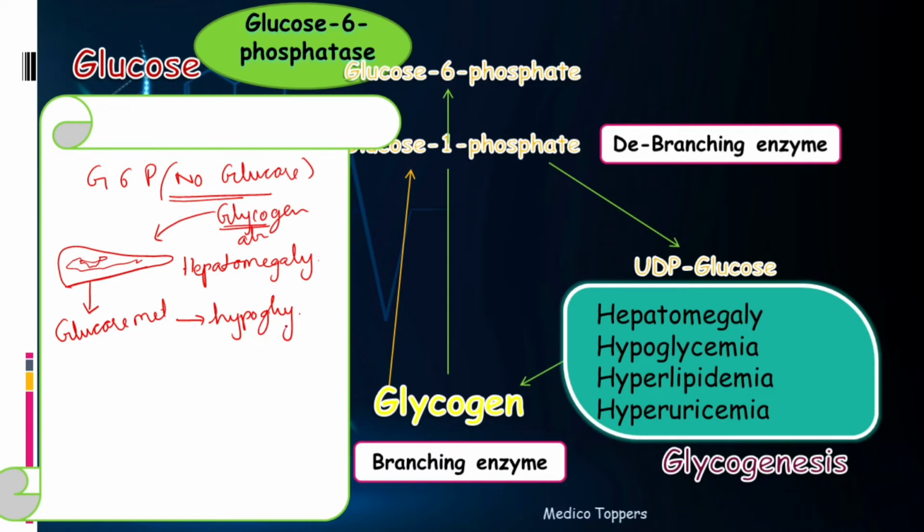Then if there is hypoglycemia, there will be a lack of energy for the tissues. Our body will then demand more energy. At that time our body will shift the mechanism towards the stored forms, fat and proteins. So there will be breakdown of fat and protein to get energy.